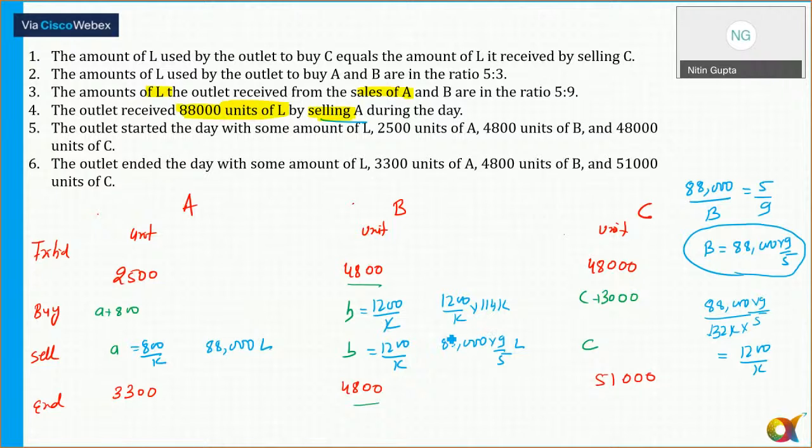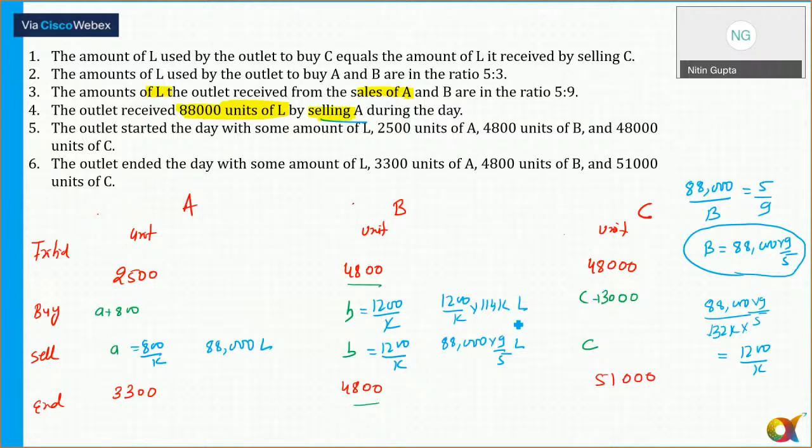You can say this is the amount here. So in terms of L, it is 1200 into 114. If you solve this, you'll get the value in terms of L. That is for B, in buying, I'll get this one.